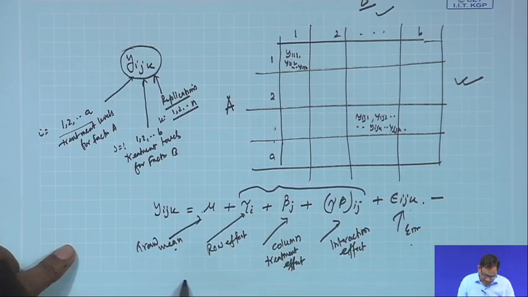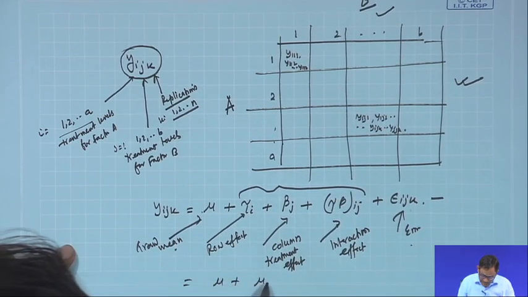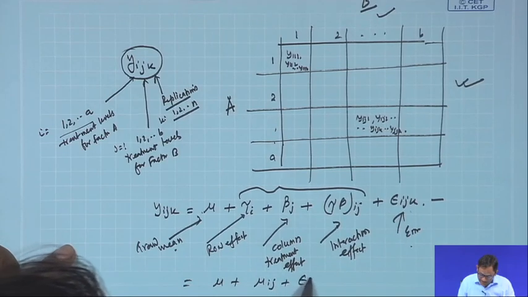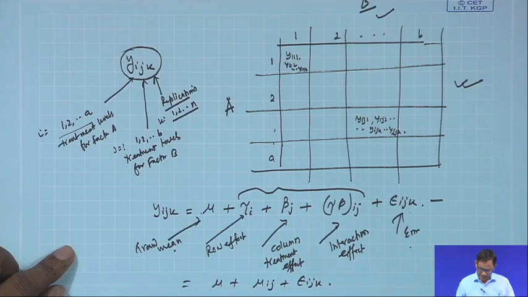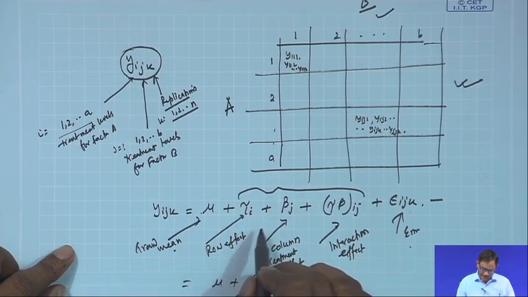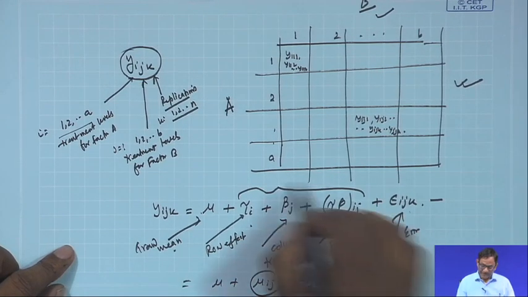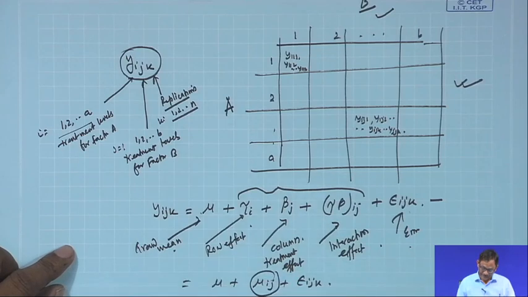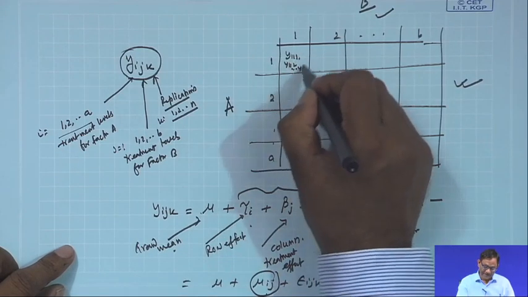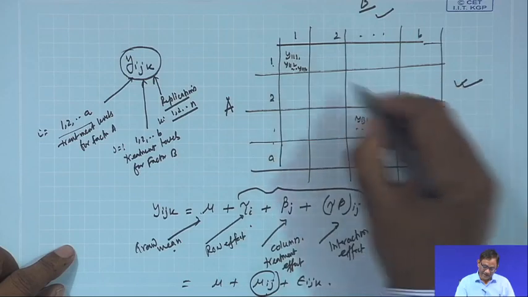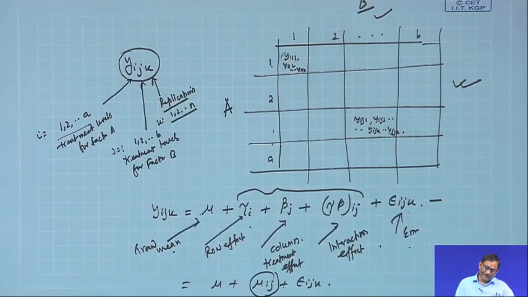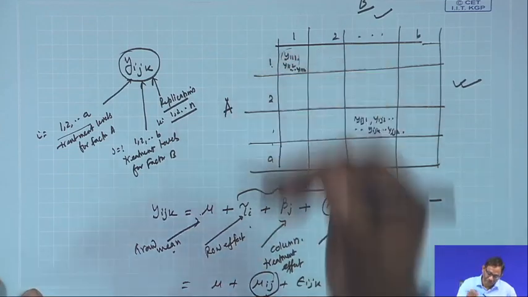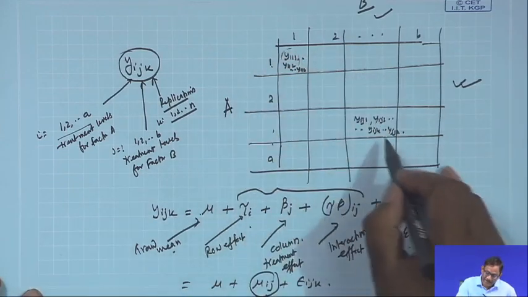So you can write this as mu plus mu ij plus epsilon ijk. So this mu ij is row, column and treatment, all those things. So for every cell there will be a mean value mu ij.